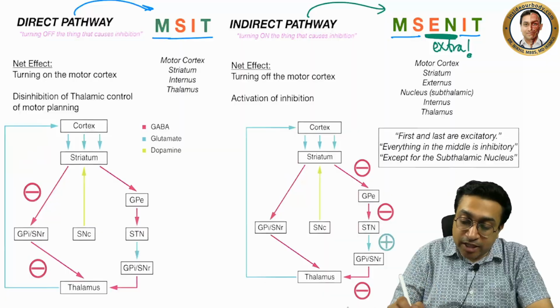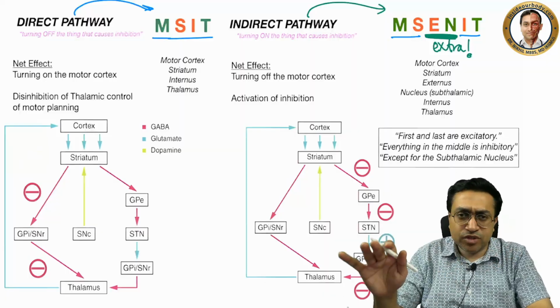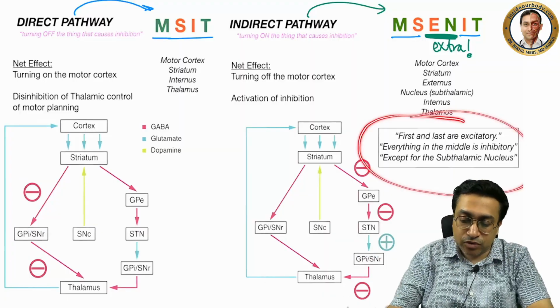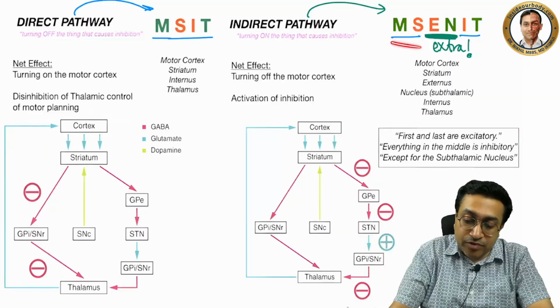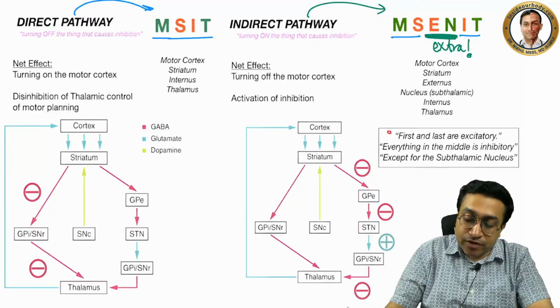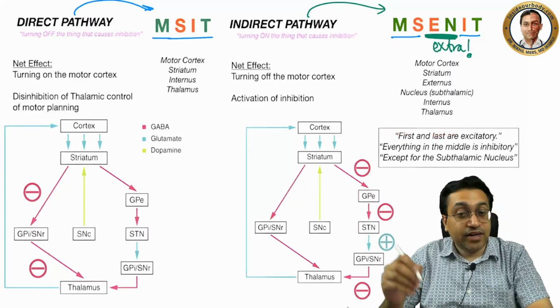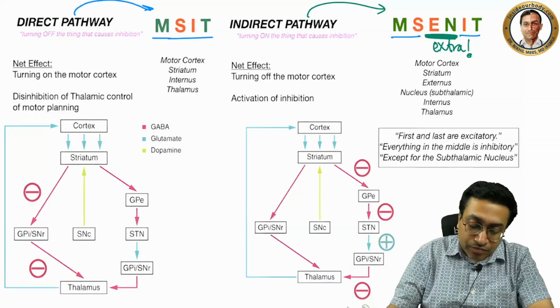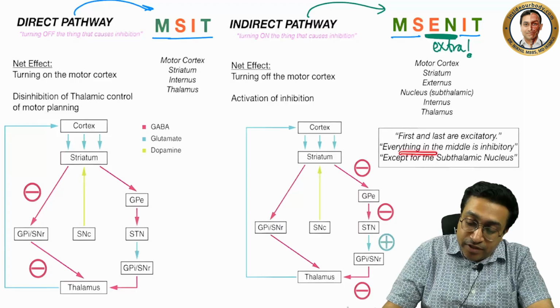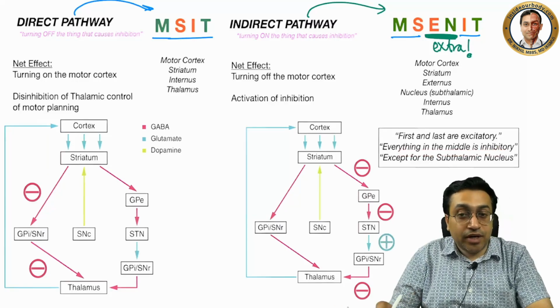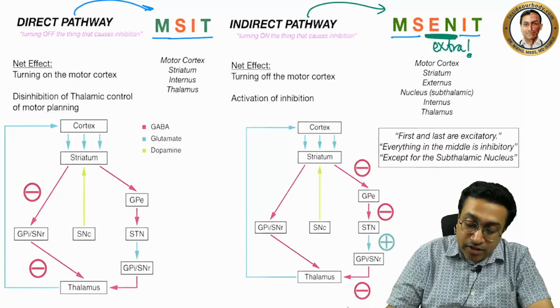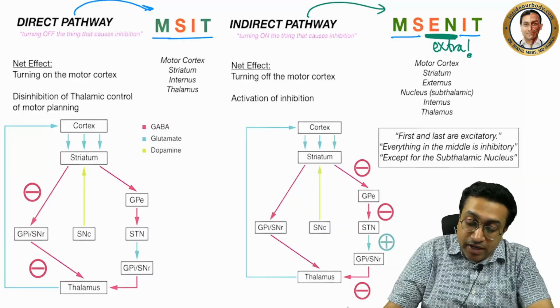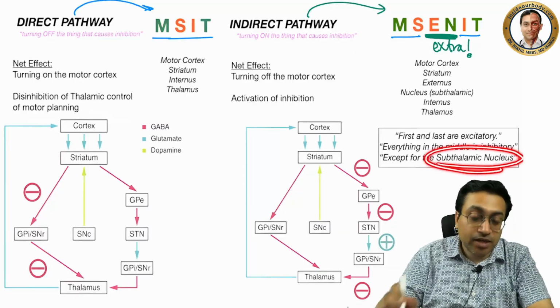Now see the catch points. If you don't remember any of this story, just remember this mnemonic to ease your life. In the pathway, the first and last are excitatory, and everything in the middle is inhibitory, except for the subthalamic nucleus.